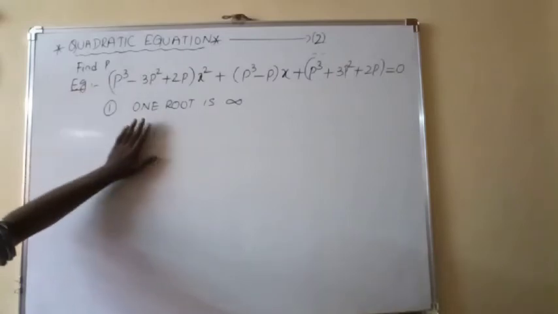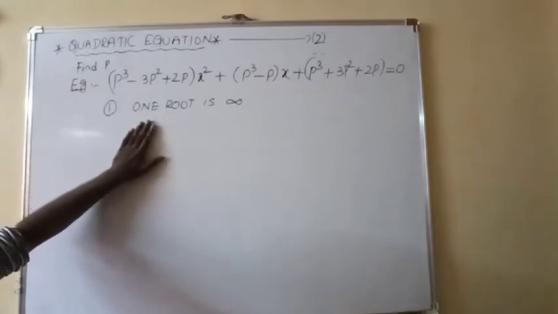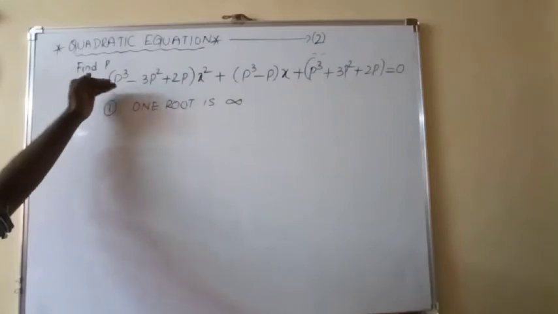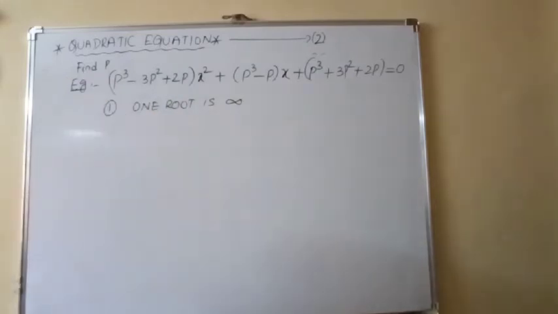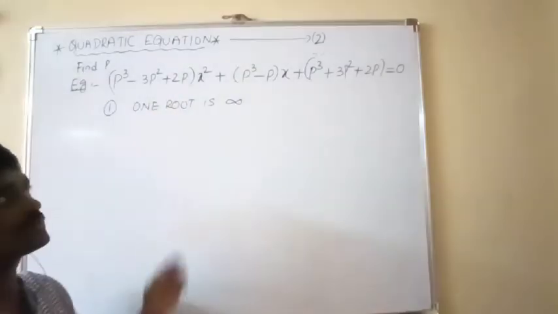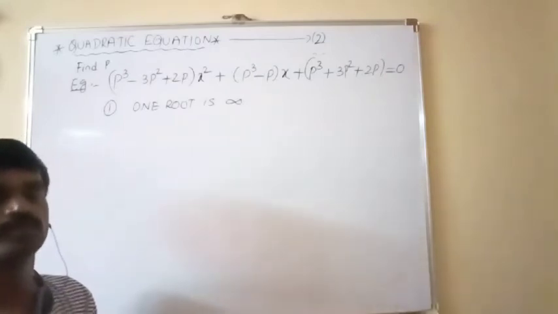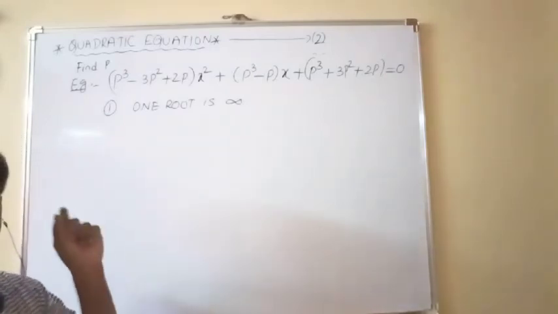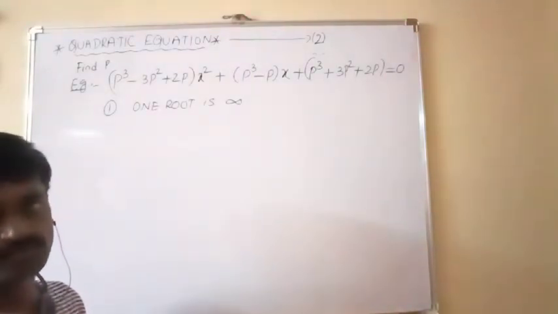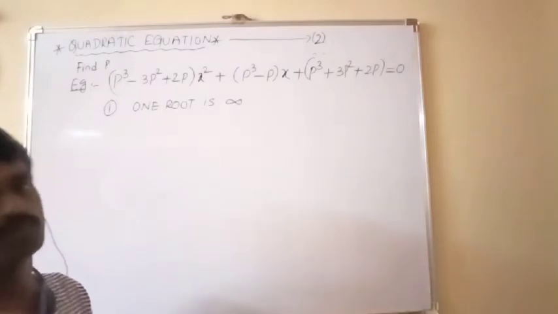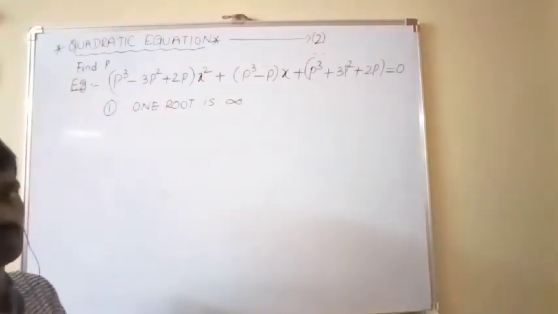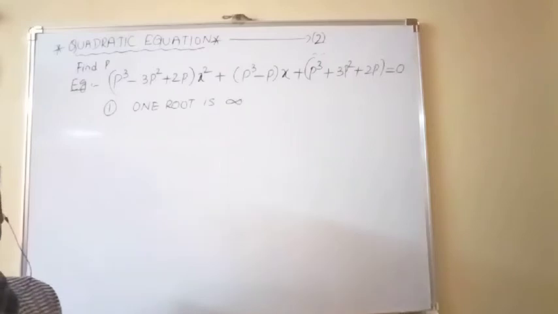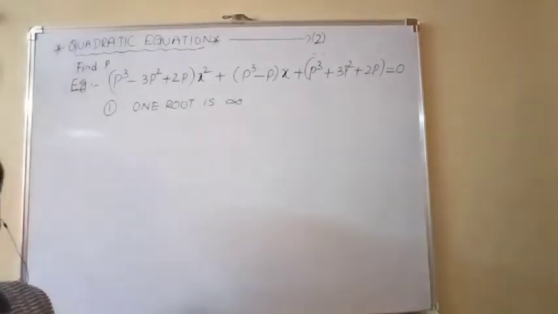This equation has one root infinity. So what is the condition for this quadratic equation to have one root infinity? The coefficient of x square, a, must be 0, and the coefficient of x, b, must not be equal to 0.